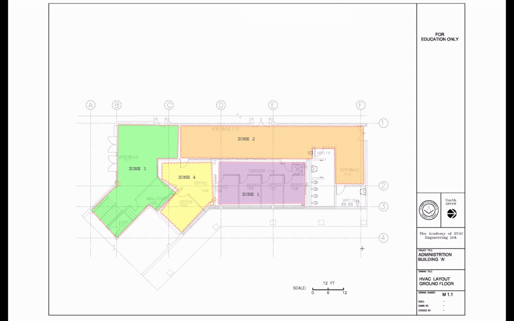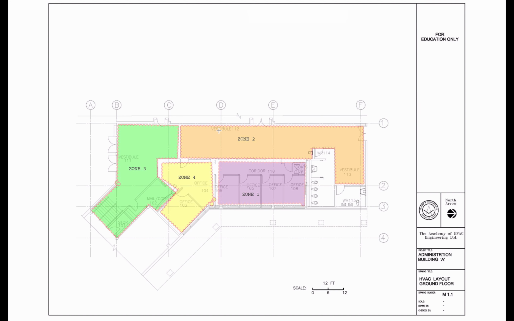In this drawing, you can see that I allocated 4 comfort zones. Zone number 1 will serve these 4 offices, 105, 106, 107, 108, and a corridor with one thermostat and one air terminal unit.